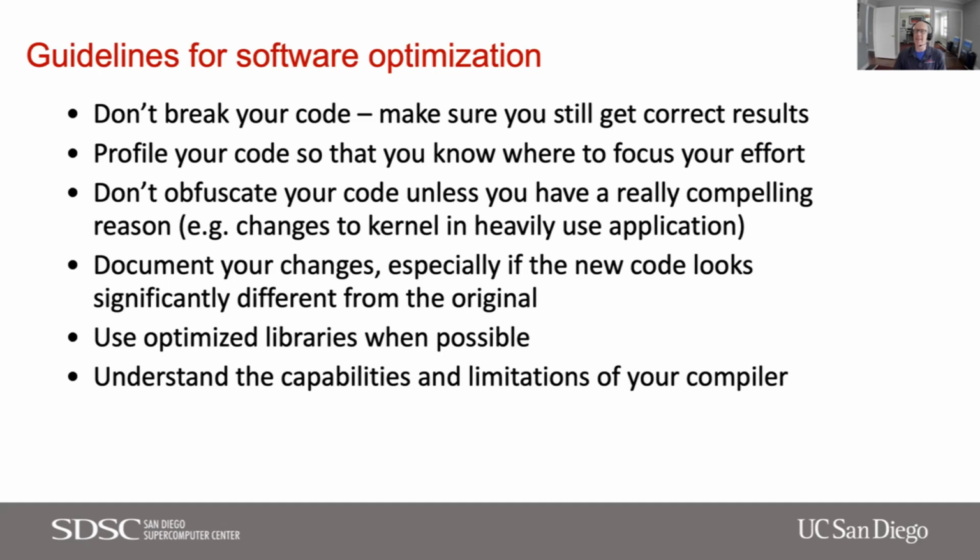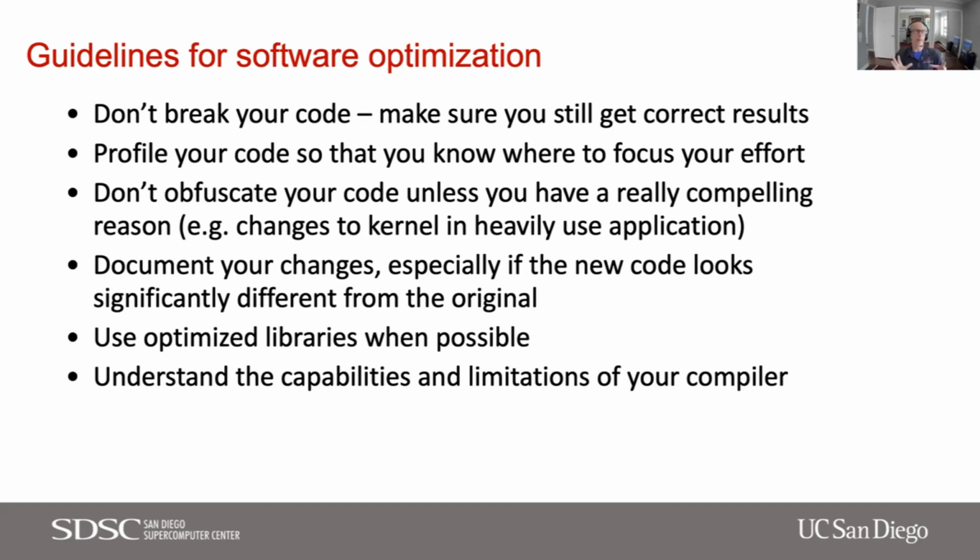It's very easy to get the wrong results quickly, but you need to constantly be testing your code as you're making these changes. Take the results, making sure that they are the same or that they're the same to within floating point rounding error. You also want to profile your code so that you know where to focus your effort, and that's going to be the first topic we get into.